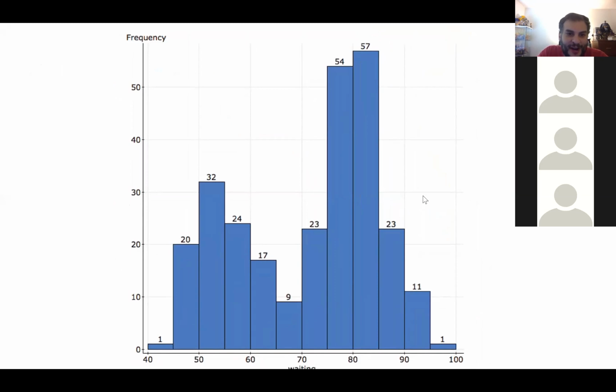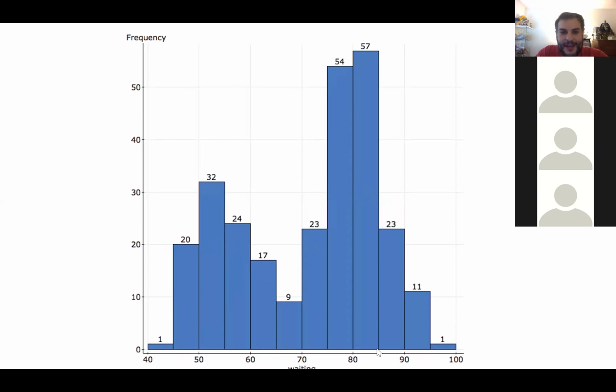One of the hills starts at 50 to 55, and then you have another hill somewhere between 75 to 85. So you don't have to use any fancy words or definition words right now because we still haven't learned any of those. It's just you describing how it looks based off just looking at the histogram. Make sense? Yes, sir.